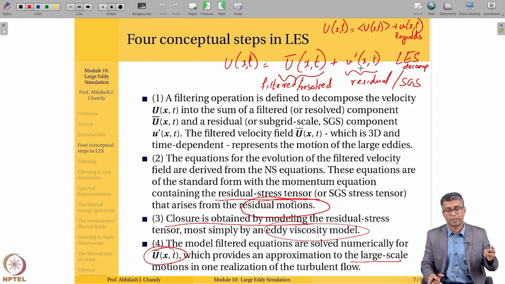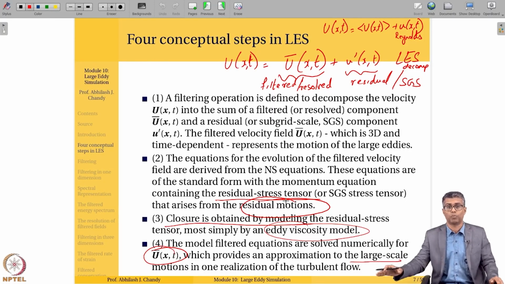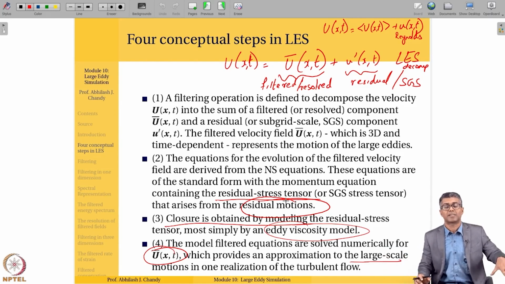The third step. Let me go back to the second step quickly. When you filter the Navier-Stokes equations, new terms come up, the residual terms or the residual stress tensor, also called the subgrid scale stress tensor, which accounts for the residual small scale motions. You need a model to close these terms because you cannot calculate them.